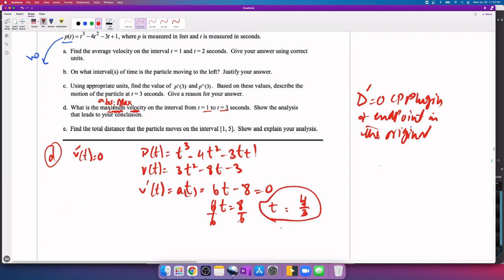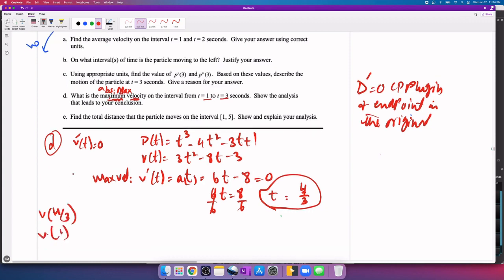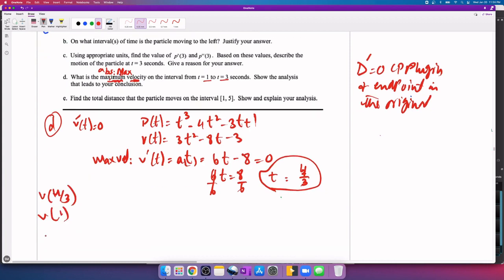Then, since we are going to plug in, the original is my velocity. That's where I started doing maximum velocity. So my original is v of t. I'm going to plug in 4/3 in the v function, I'm going to plug in 1, which is my endpoint, and I'm going to plug in v of 3.